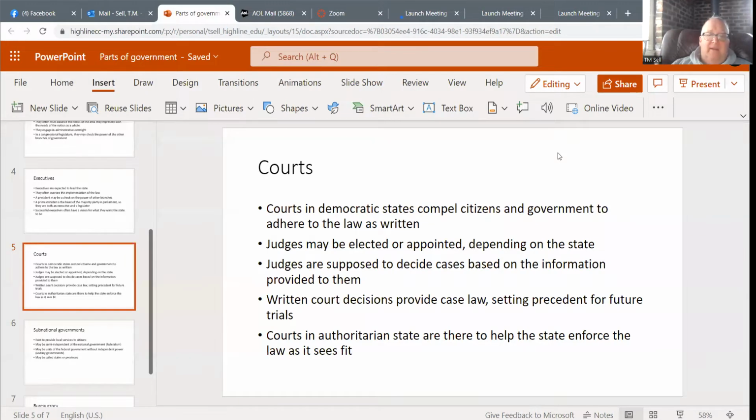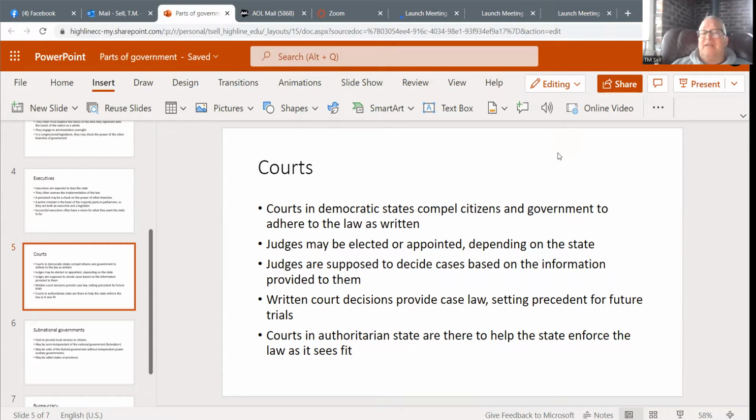We call that, in part, the power of judicial review. And the power of judicial review says that courts can invalidate acts of government as unconstitutional. So that's especially true in our country, true in many others. Some countries have a separate constitutional court for those kinds of decisions. We don't. All the courts have that ability.